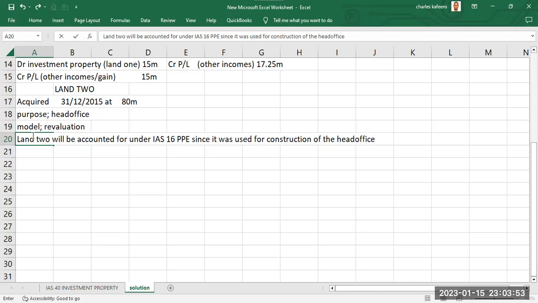Here you can put owner occupation. That is the reason why it's going to be accounted for under IAS 16.